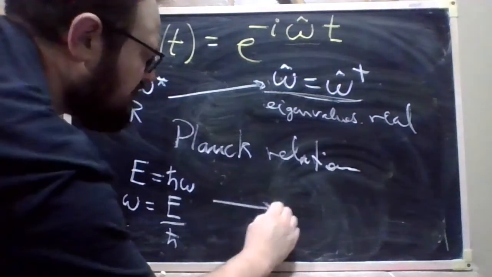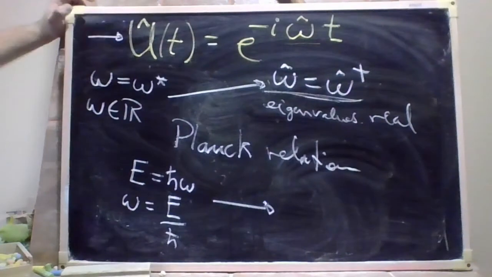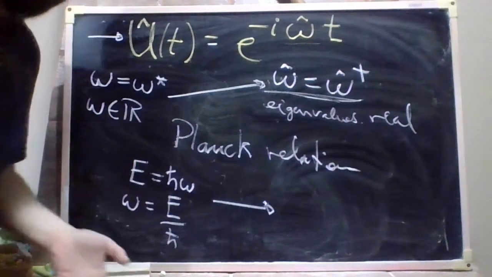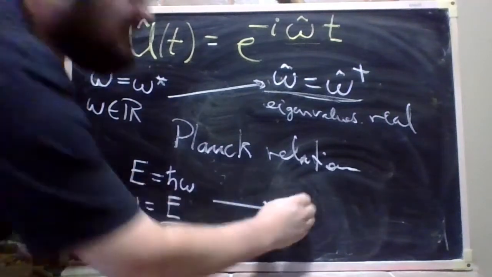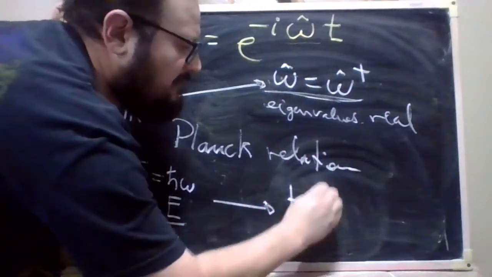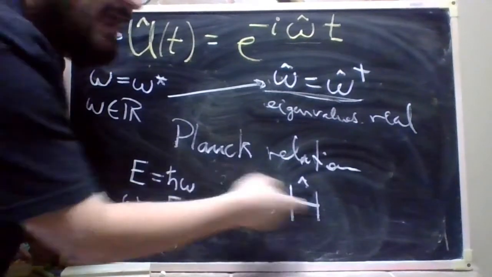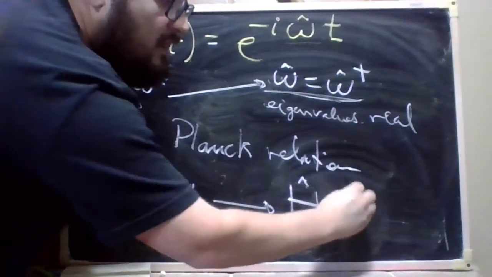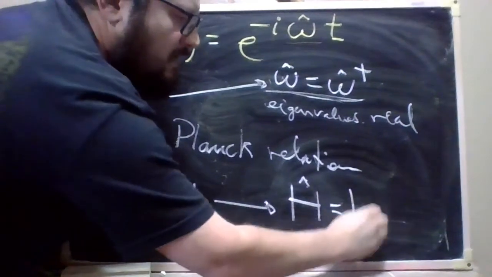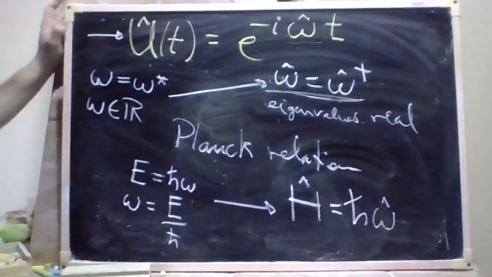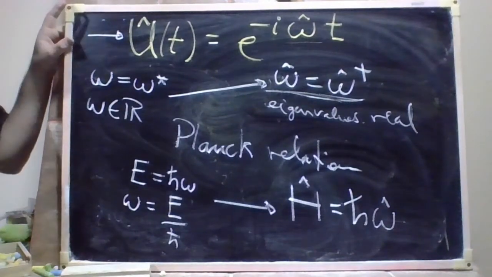And if we are interested in a system which has multiple energy states, it must be represented by a matrix. This matrix is called the Hamiltonian of the system, and the Hamiltonian of the system corresponds just to h bar multiplying a frequency operator. All right.